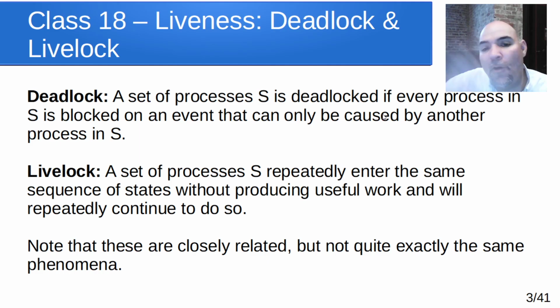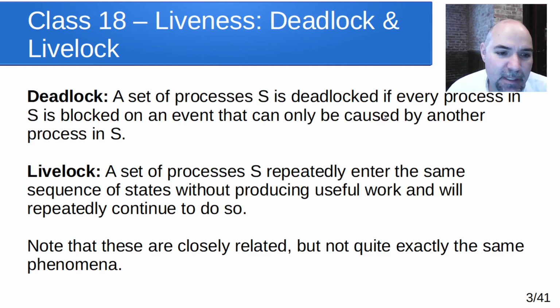It doesn't have to be all the processes that exist, but could be a subset, and every one of them is blocked, waiting on some event that will only happen if other processes in S allow it to happen.